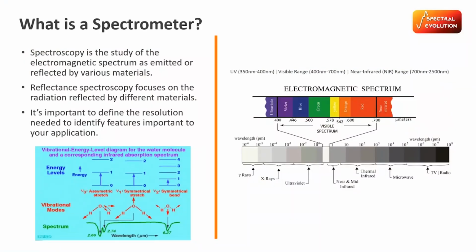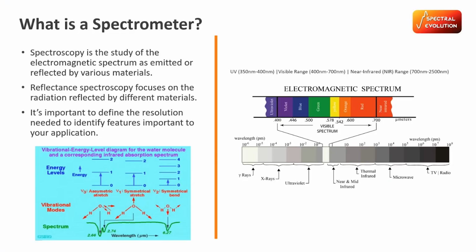So I'll start by explaining what a spectrometer is and how a spectrometer works. Spectroscopy is the study of the electromagnetic spectrum as it is emitted or reflected by different materials. The electromagnetic spectrum represents all forms of electromagnetic radiation, which are defined by their wavelengths.